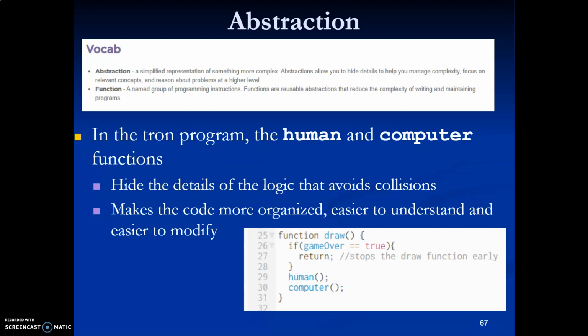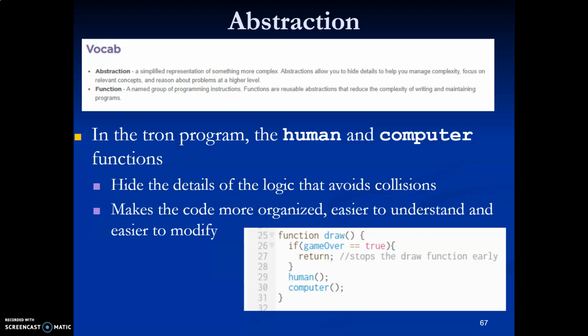In my Tron game, the human and computer functions both hide a significant amount of complexity involving the logic of whether or not the computer or the human is going to have a collision and changing the direction to avoid that collision. It makes the code more organized. It makes it easier to understand. It also makes it easier to modify once I have broken the program down into parts and arranged it.